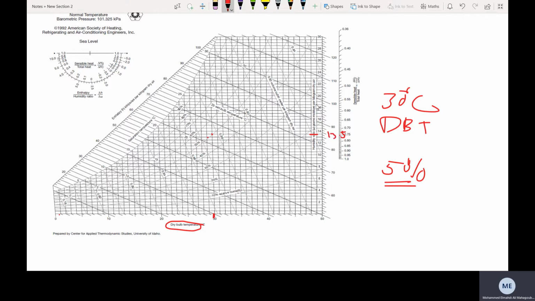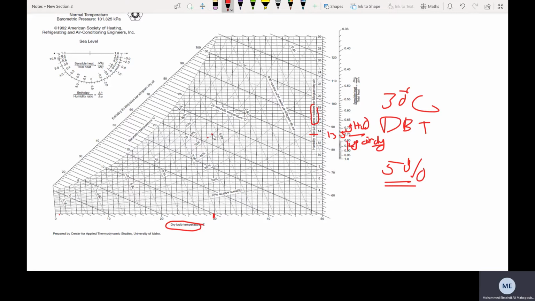Pay attention to the units. It is in grams of moisture per kilograms of dry air, so grams of H2O per kilograms of dry air. If you want to convert it to kilograms per kilograms, you have to divide it by 1000.